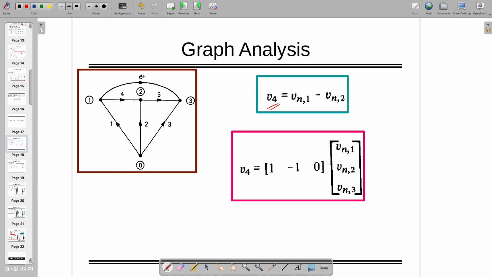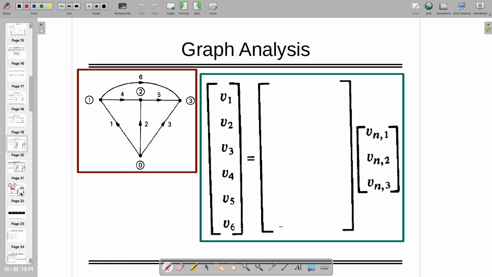Similarly, V6 is equal to Vn1 minus Vn3. V5 is Vn2 minus Vn3. And similarly, you can write down all 6 and you can write down the matrix for all these voltages, right? Any doubt? If there is doubt, then I can revisit again.